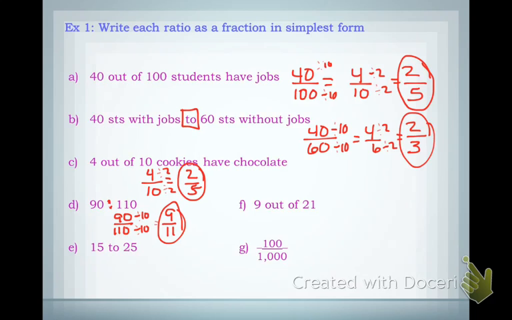F, it says 9 out of 21. So again, fraction 9 out of 21. Well, can I reduce anything? Well, I know 3 can go into 9 and 21, so I'm going to divide by 3. 9 divided by 3 is 3, and 21 divided by 3 is 7.